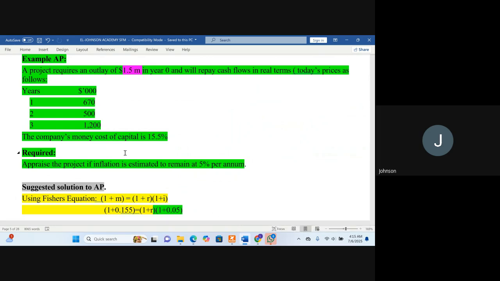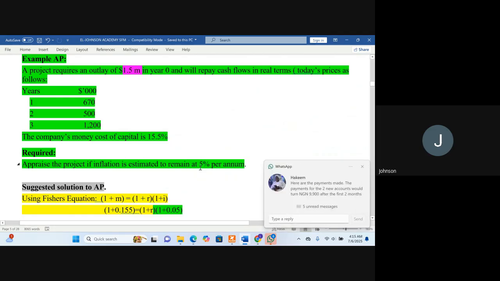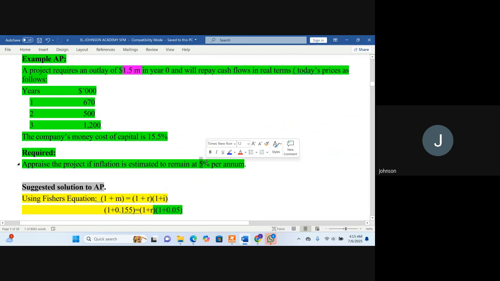simply check the inflation rate. Is it only one inflation rate? If the answer is yes, then you ask yourself, why do I really need to start inflating all the cash flows one after the other when they have the same inflation rate?